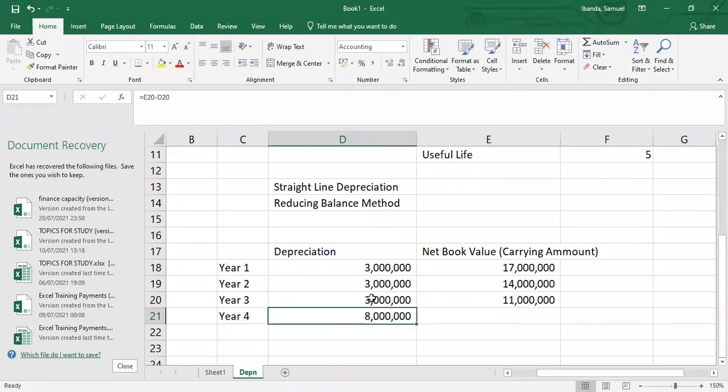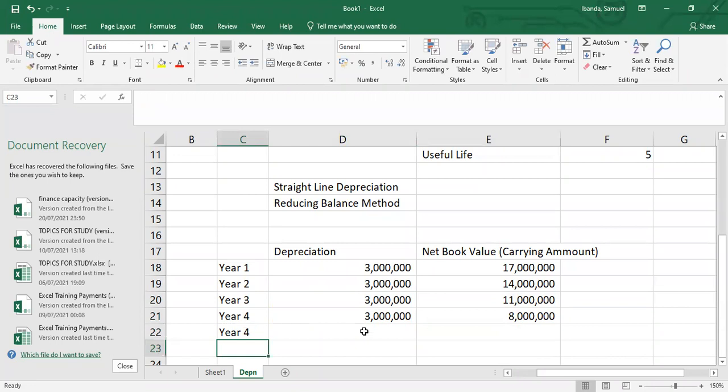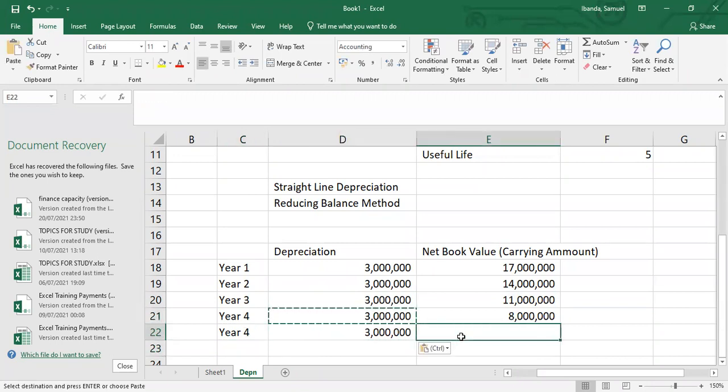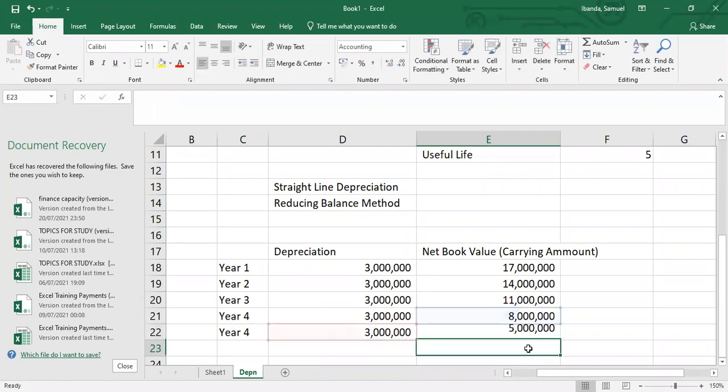Sorry, the depreciation will also be 3 million, and our net book value will be 11 million minus the 3 million. So year 4, the depreciation is still the same. We will have the 8 million subtract the 3 million. This is year 5.